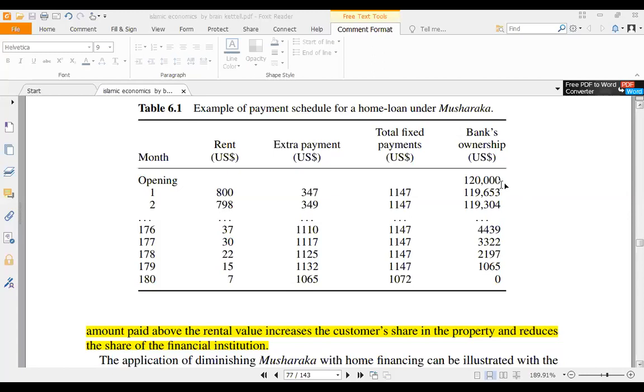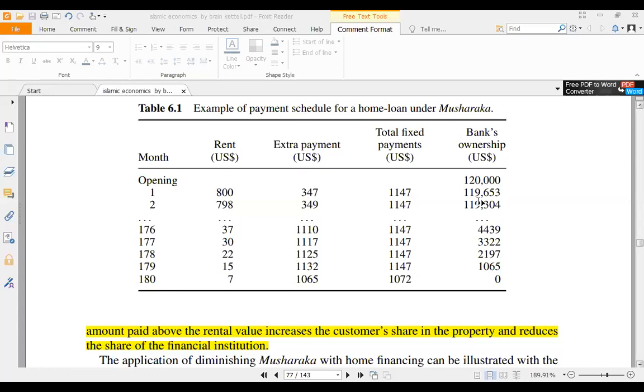The remaining amount is 1,19,653 dollars. That is the current bank ownership after the deduction of $347. This is the first month of home financing. Now we are going to the second month of home finance.